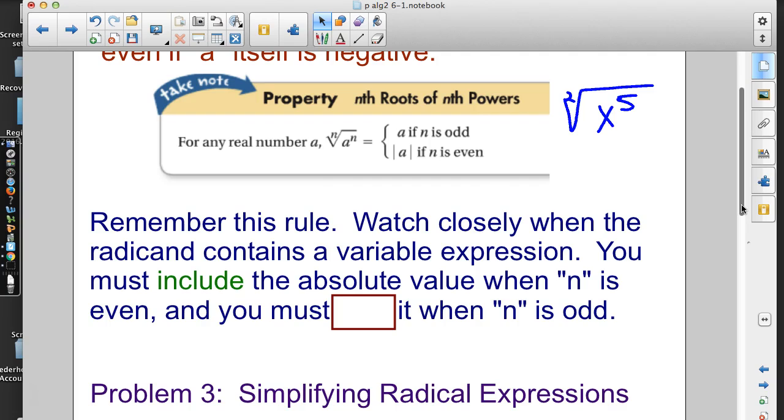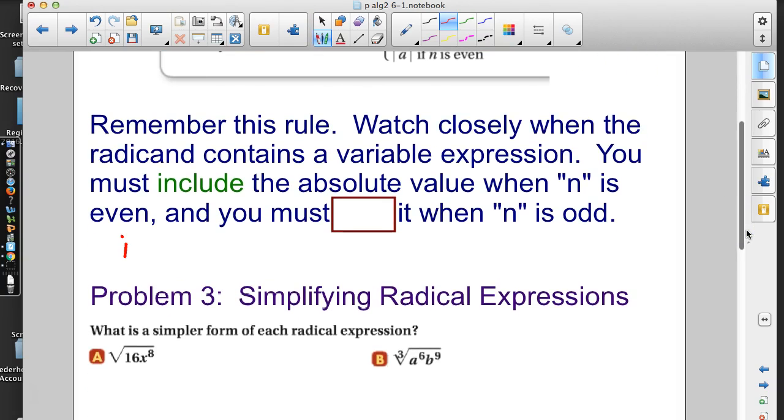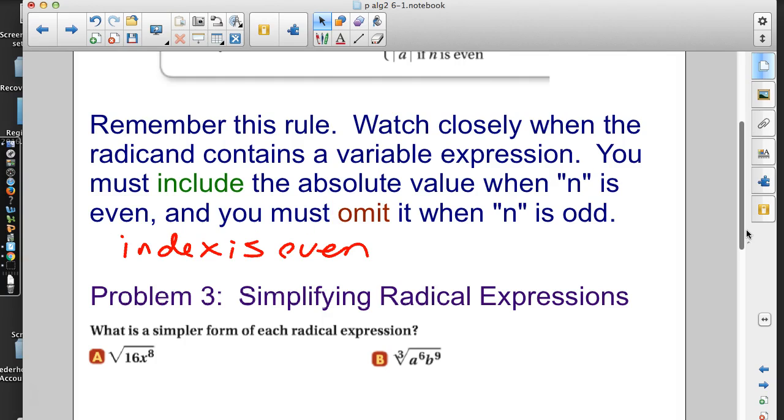That's when we have to start thinking about, does this need absolute value bars? You must include the absolute value when n is even. So index is even. And omit it when n is odd.